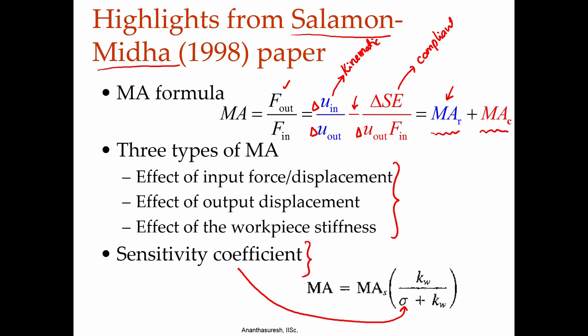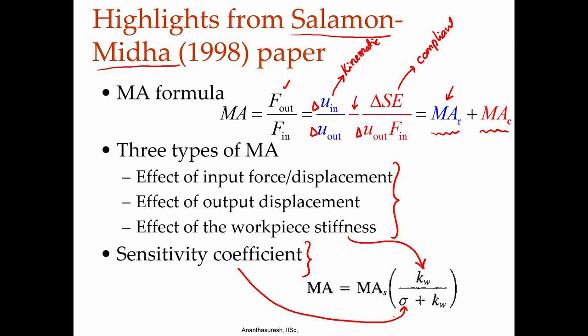In our notation we have this as S, and Kw is K external, that is workpiece stiffness. What we are talking about, the stiffness of the workpiece, is here. How sensitive the mechanical advantage of the mechanism is, is given by this sigma.